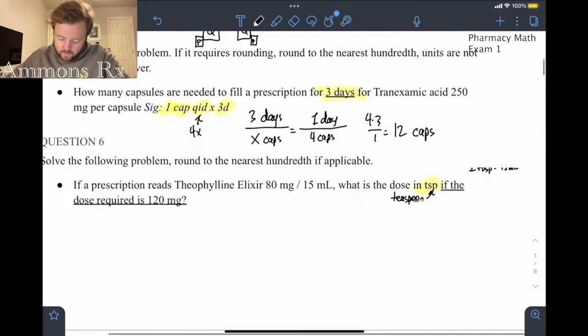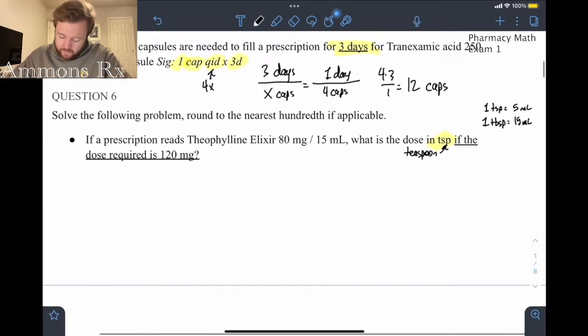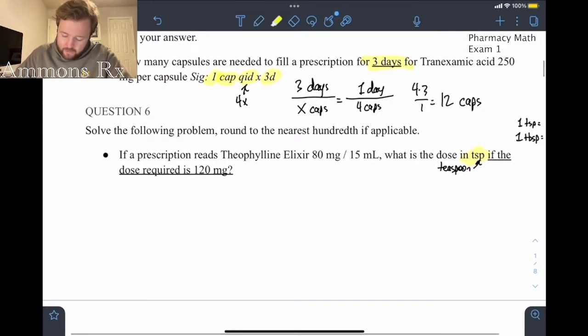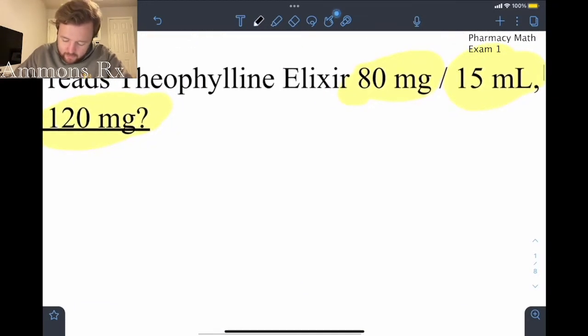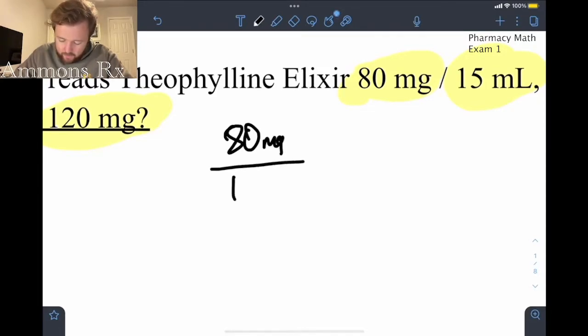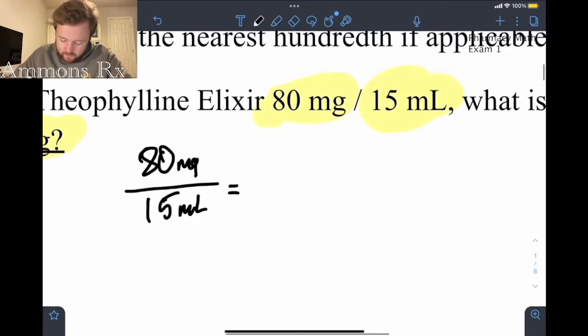So we need to make a proportion because there is 80 milligrams in 15 mils. We don't need 80 milligrams. We need 120. So that will be a proportion. 80 milligrams over 15 mils is equal to 120 milligrams.